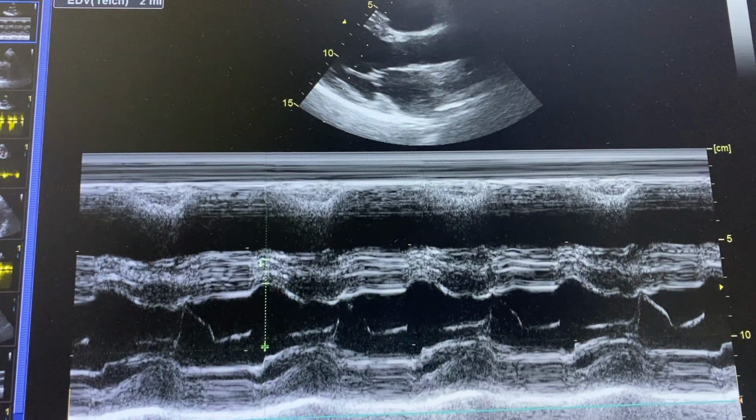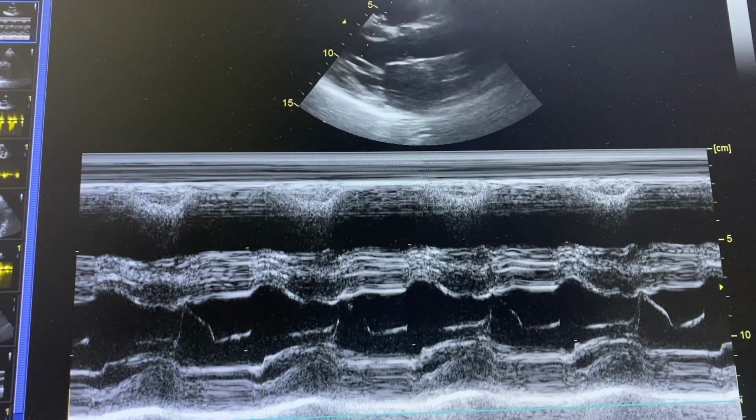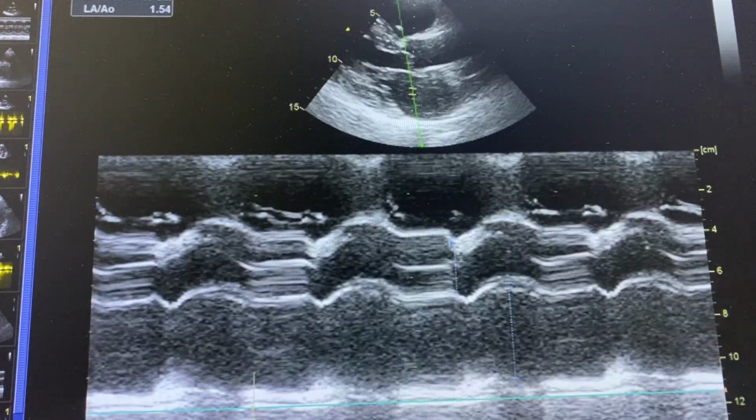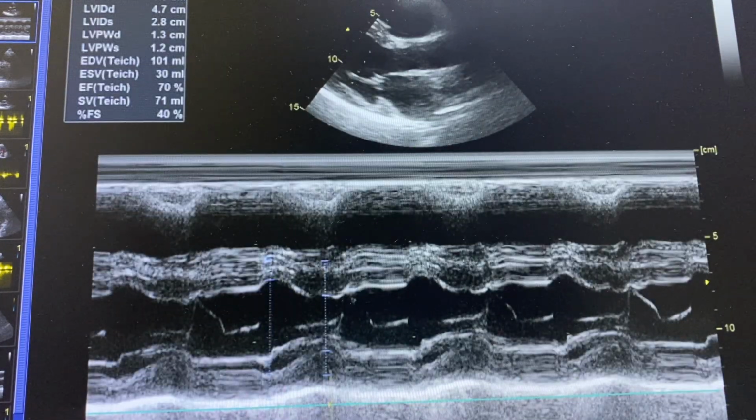Here mitral valves are opening. I cancel. Let's take back, then come back. Here mitral valves are opening. It has opened. This is rapid filling phase.